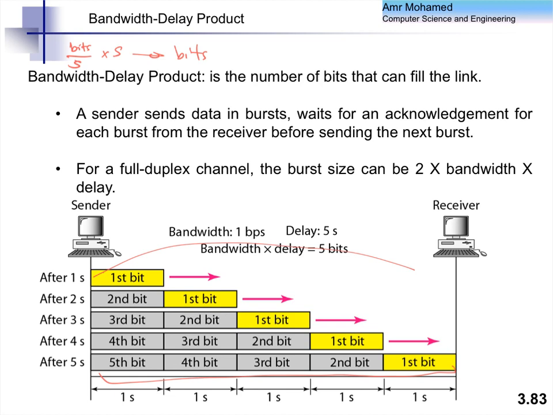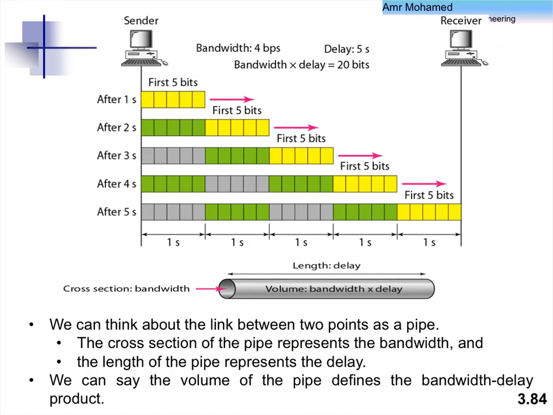In other words, if we want to visualize this more, the bandwidth represents the width of the pipe, right? The delay represents what? The length of this pipe. Okay?